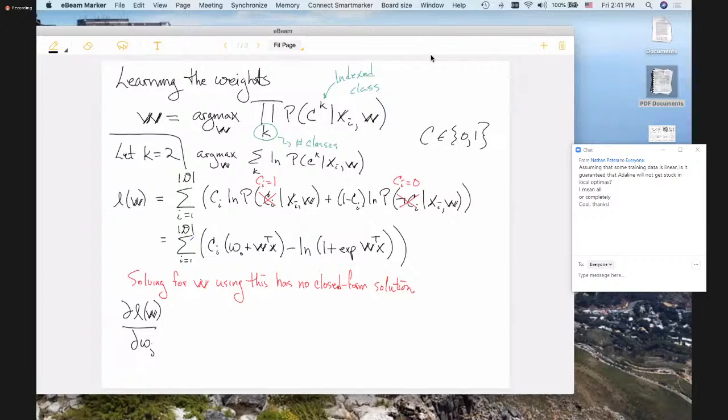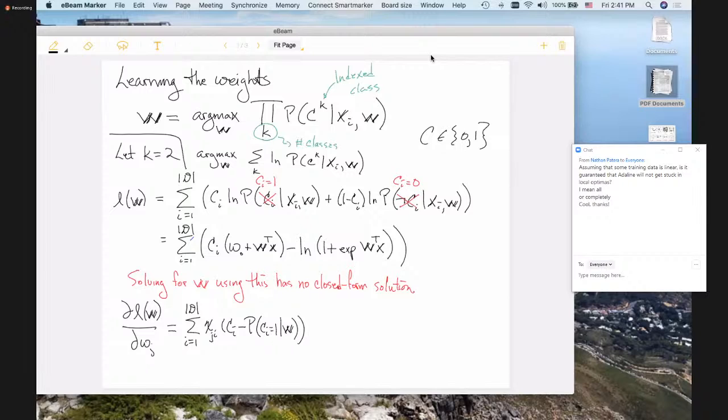That's where we have to apply gradient descent. The form of this is this.